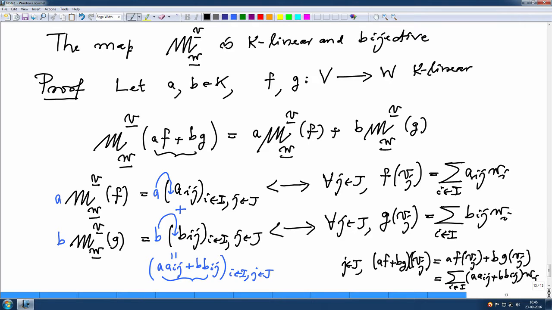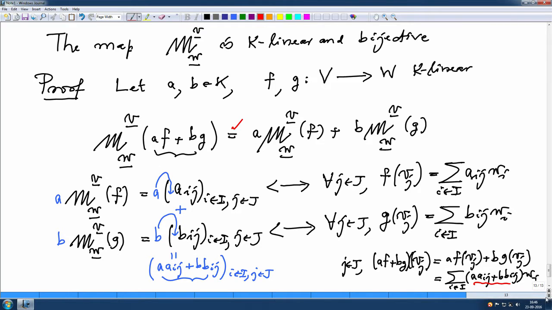So the left side matrix has ijth entry this, the right side ijth entry is this, which are equal. Therefore, the two matrices are equal. So that proves that it is K linear.